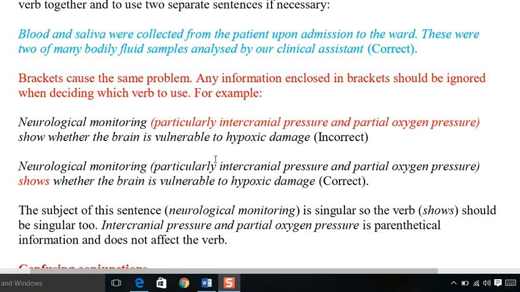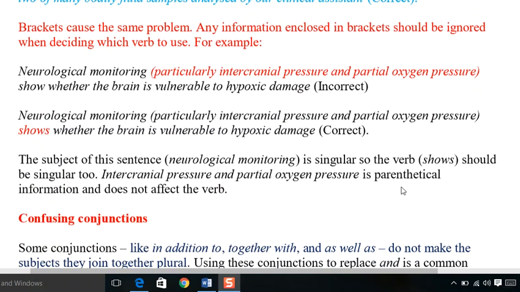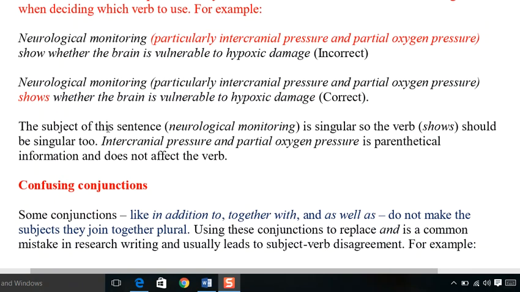These words in parentheses and brackets should be ignored because they are extra explanations. They are not an integral part of the sentence. The subject of this sentence, neurological monitoring, is singular, so the verb should be singular too. Dear students, these were some of the common problems.